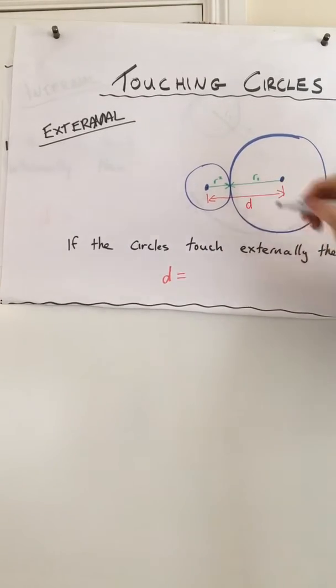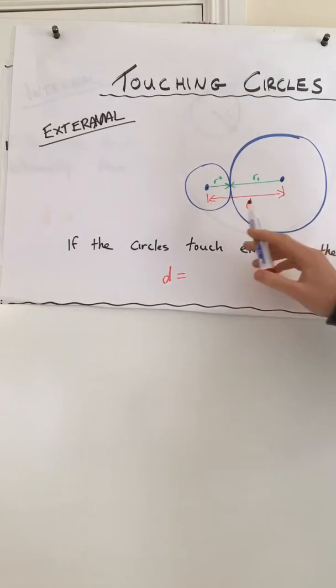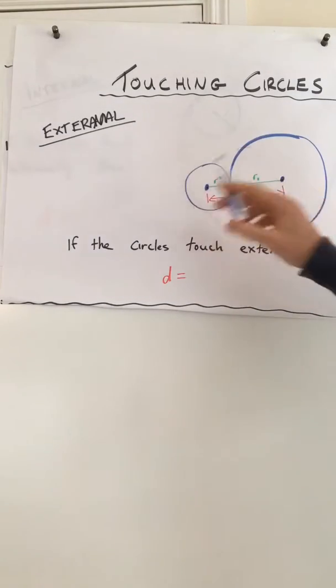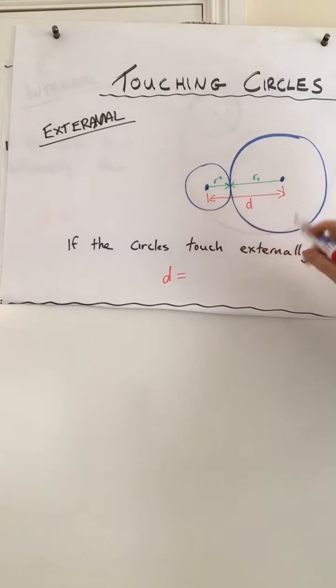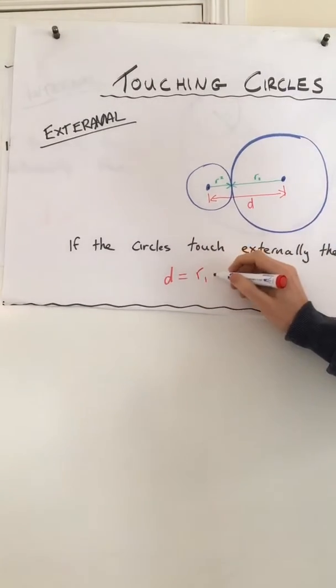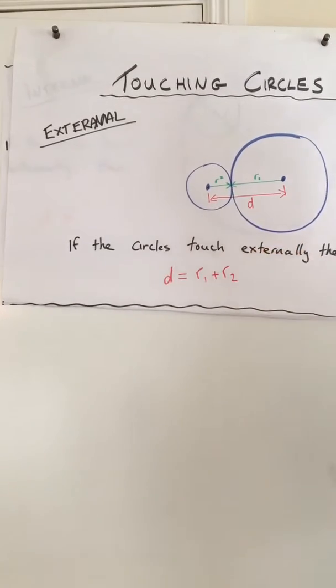So the rule that we have to know is that if they touch externally, then the distance between the two centers must be equal to R1 plus R2.